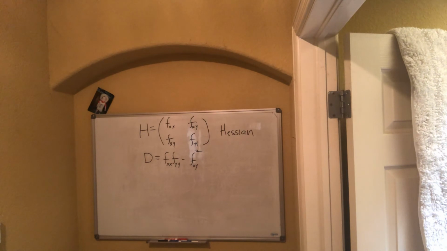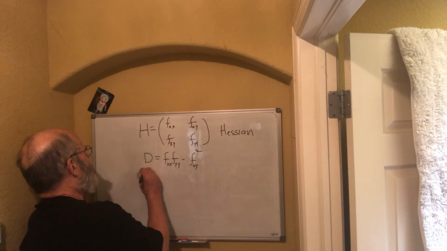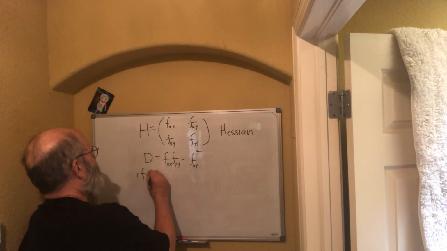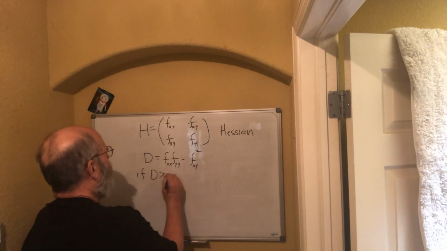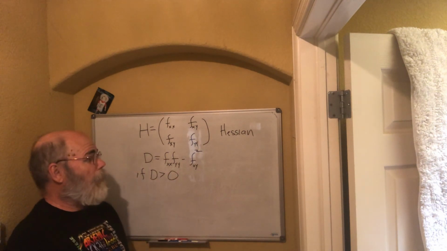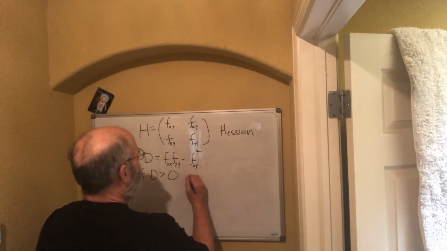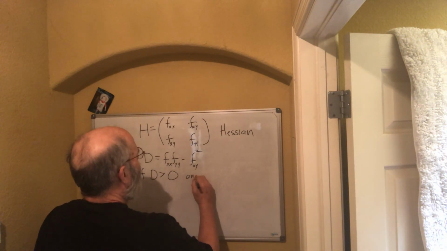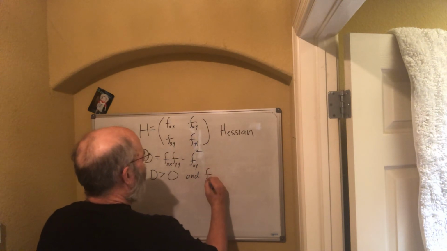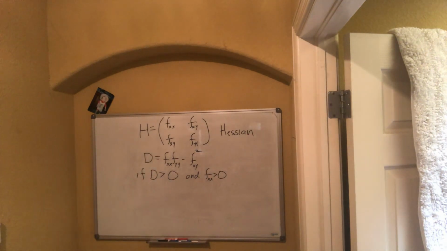Yeah, okay. And so here's the way it goes. If this determinant at that point, because remember, at a point, happens to be positive, and also the second derivative has to be positive, and I forgot this again, darn it.